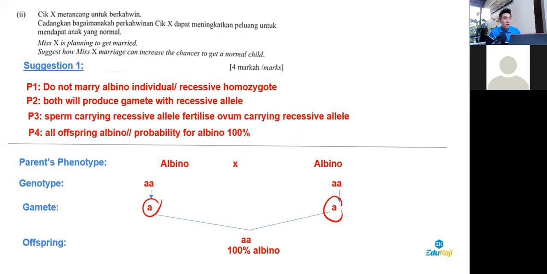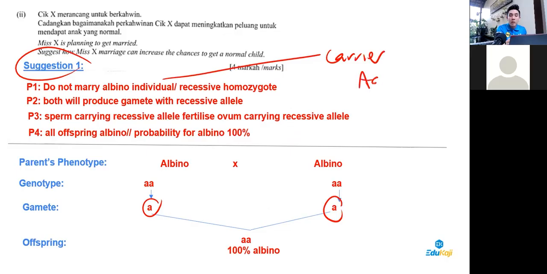Okay. Why I put suggestion 1 here is because there are a few answers that you can give. You can say do not marry an albino individual or even a carrier. But if you write carrier, then you have to cross big A, small a, with big A, small a, because this is a carrier. Then there will be a 50% chance. Guys, this other answer can also.